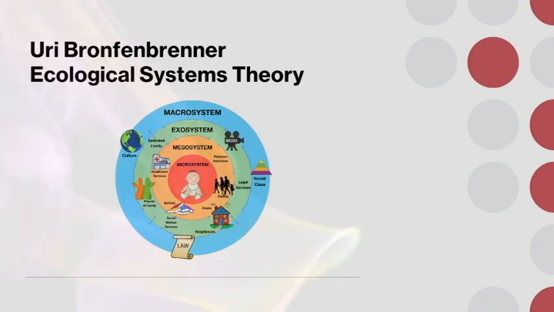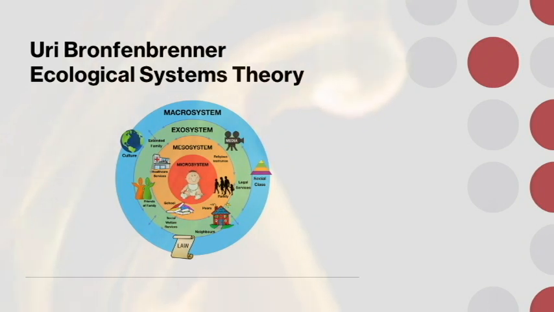Bronfenbrenner's ecological systems theory really posits that human development is influenced by a dynamic interaction between the individuals and the multiple environments in which they live. There isn't one environment, there are multiple environments. Our environments are nested systems, one within the other, each exerting various degrees of influence upon the individual.